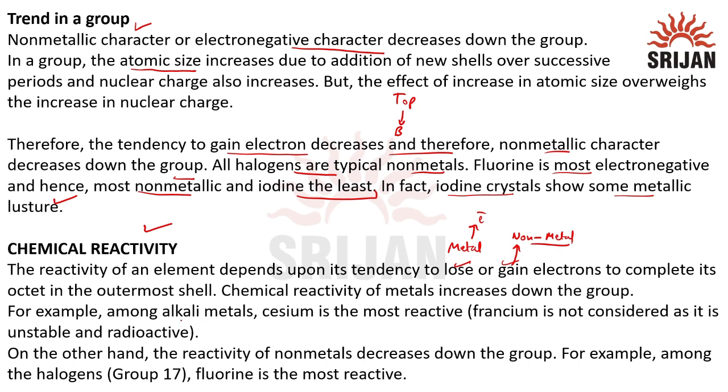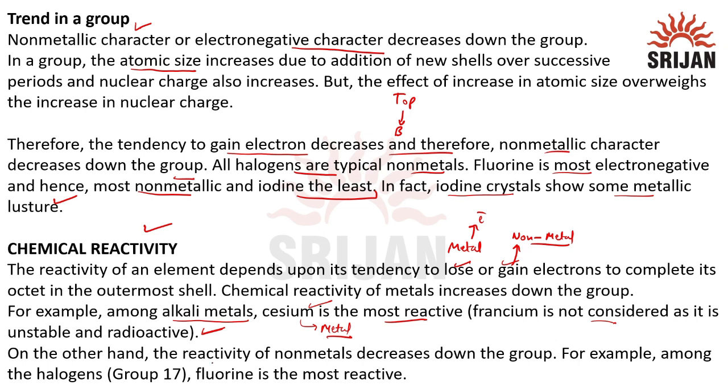For example, among the alkali metals, that means the metals of group 1, cesium is the most reactive. Francium is not considered as an element of group 1 because it is very unstable and radioactive. That's why we can say that cesium is the most reactive metal, right?